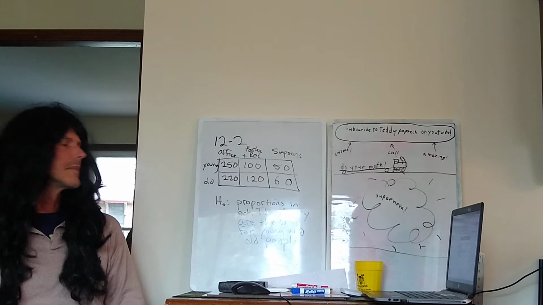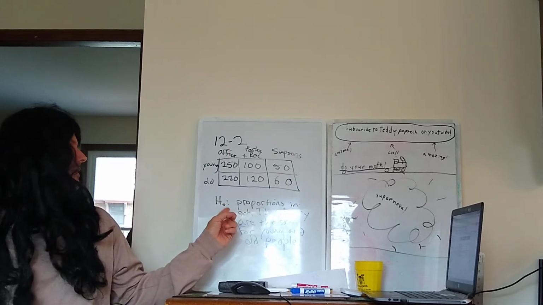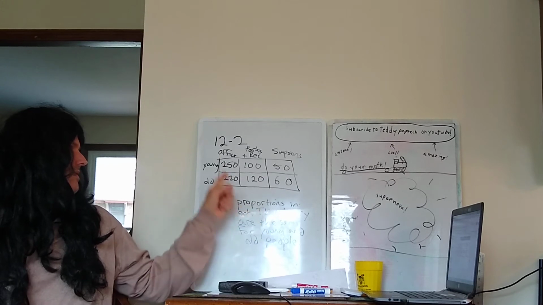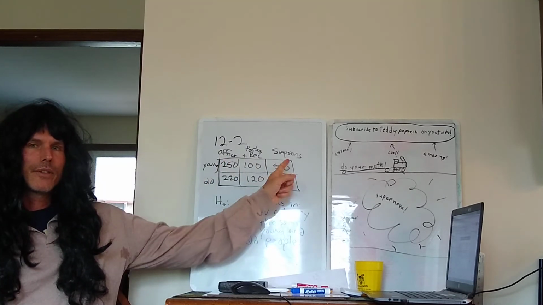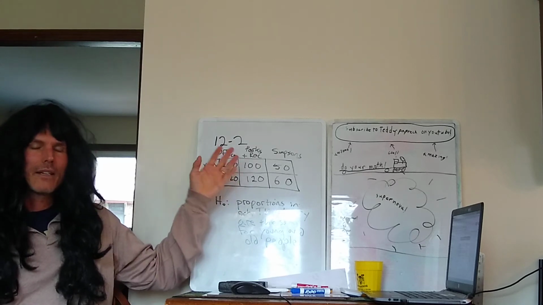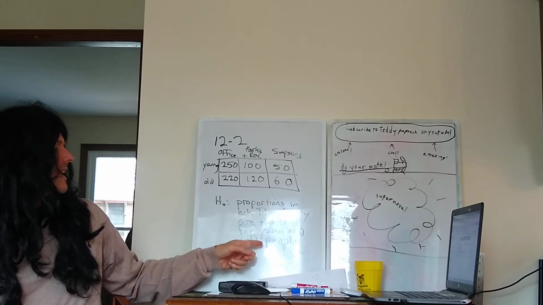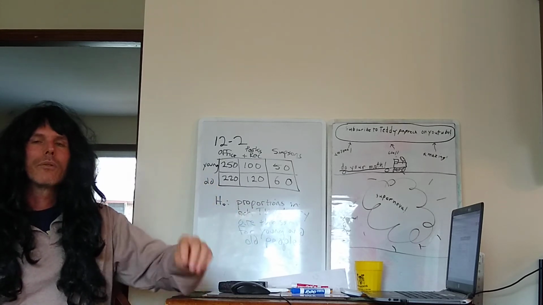Sorry if that's a little blurry. It says the null hypothesis is that the proportions of TV viewing preferences, the proportion of people who like The Office, the proportion who like Parks and Rec the best, etc., are the same for young people as they are for old people.